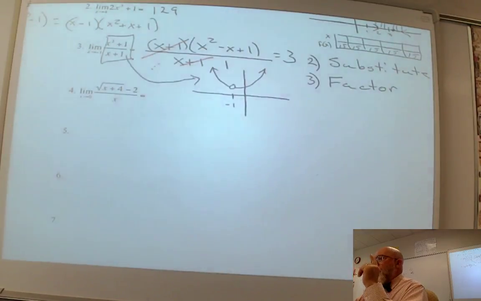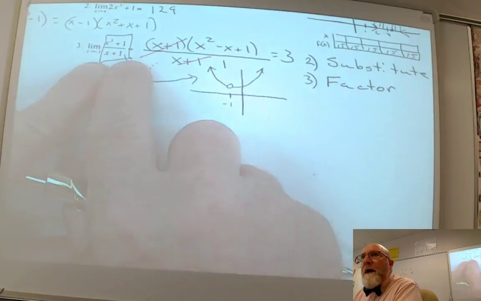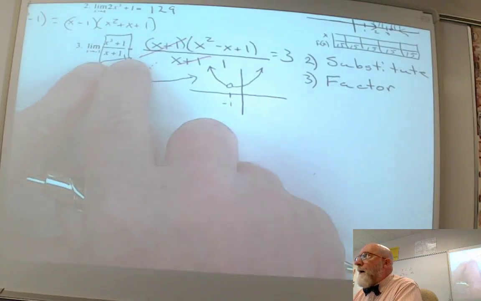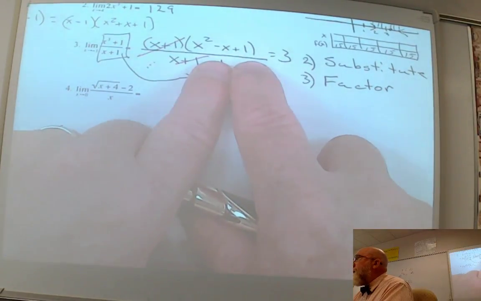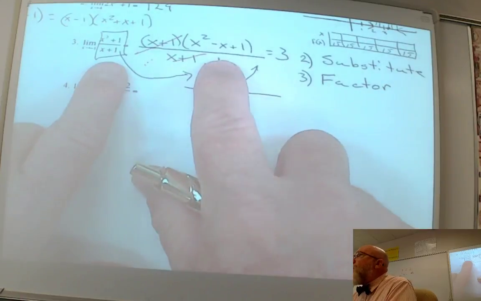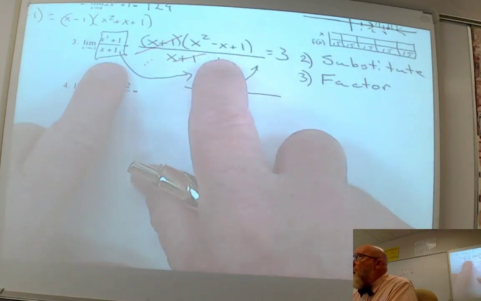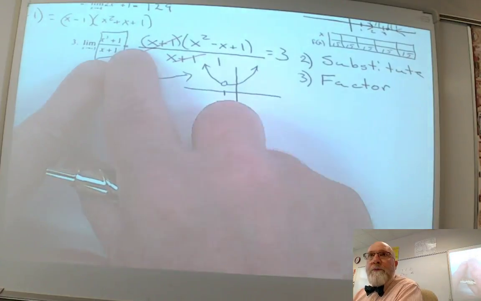Okay. Now, every number can be in here but -1, correct? Every number can be in here. So they're identical except for that one value, -1. The -1 causes problems.